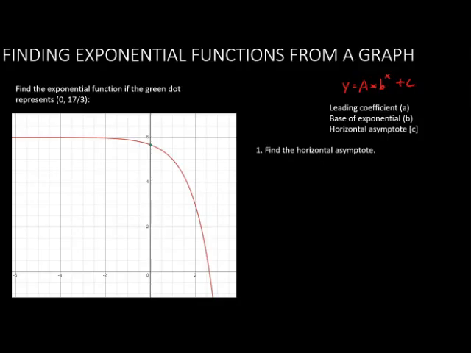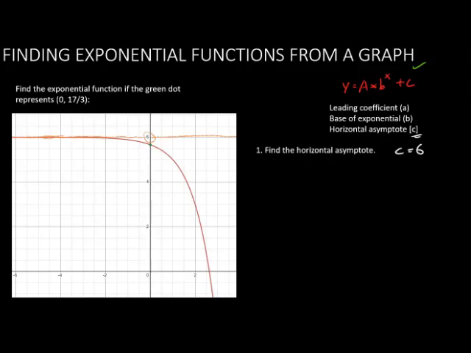That horizontal line is at about y equals 6. Therefore, we can label that 6 as our horizontal asymptote, and I'll draw an orange line on the graph to represent that asymptote. Therefore, we can say c, our horizontal asymptote, is automatically 6, and now we know one of the three letters.